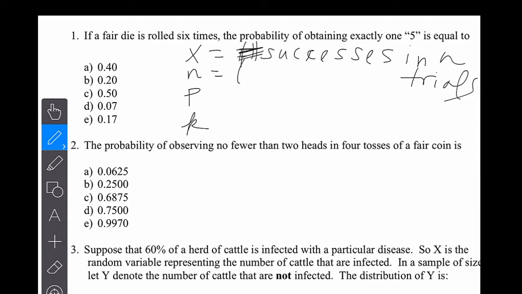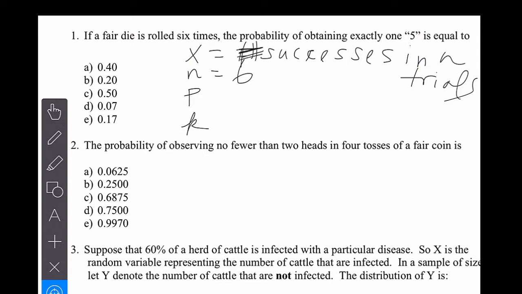So I'm going to repeat the same thing 6 times. And what I'm going to look for is the 5 turning up. It might turn up on the first roll, or it might not.